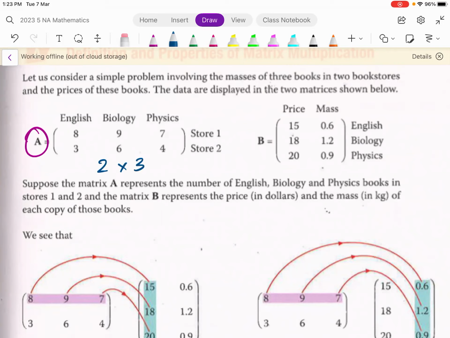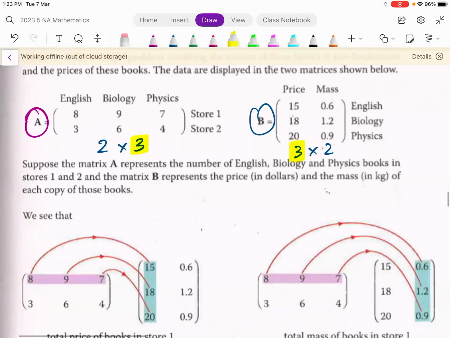What about the other matrix B? 3 by 2. You can only multiply 2 matrices together if these numbers are the same. I can only write the matrix multiplication A times B only if the two highlighted numbers are the same. So the two inner numbers, put them side by side, if the two inner numbers are the same, then you can multiply, otherwise cannot.